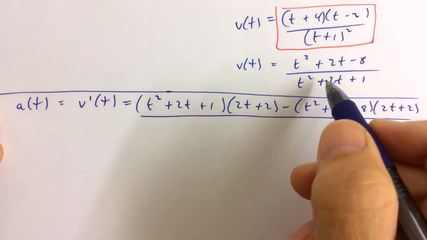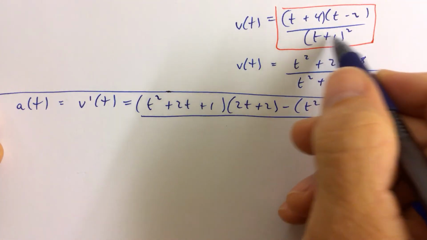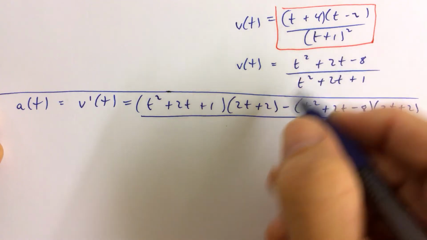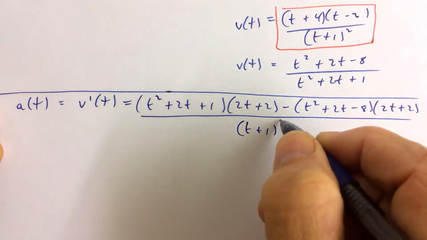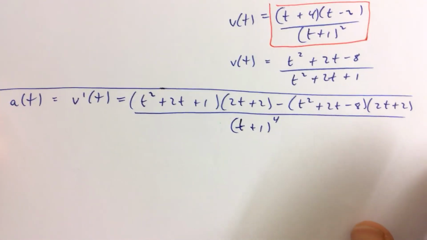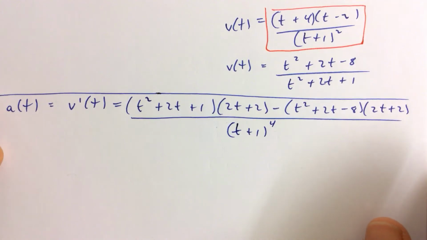Now, I can use this here because if I take t plus 1 squared and square that, I get t plus 1 to the 4th. So just a little bit of strategy here will help you minimize the amount of algebra that you have to deal with.